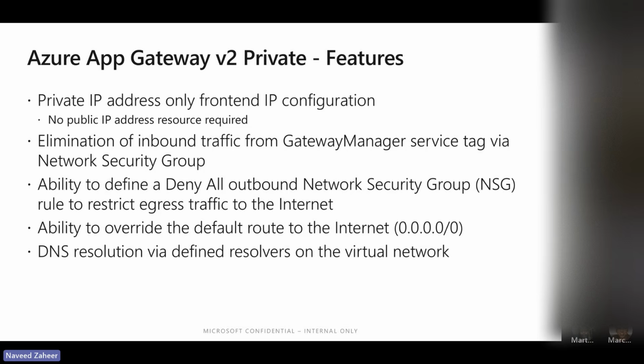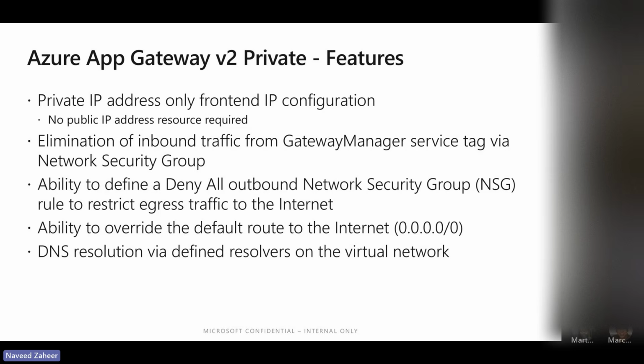Or let's say you want to access a service in the backend which is available on the internet, then just keep in mind that you will have to explicitly open the NSG.